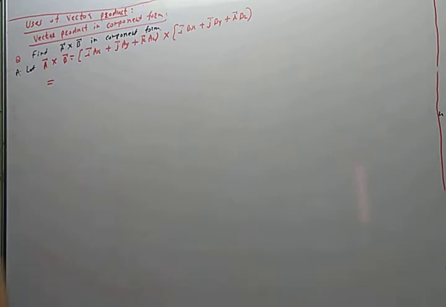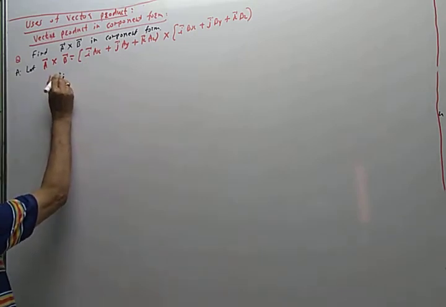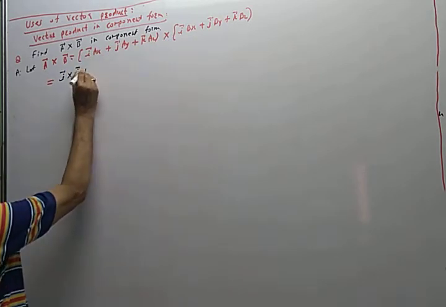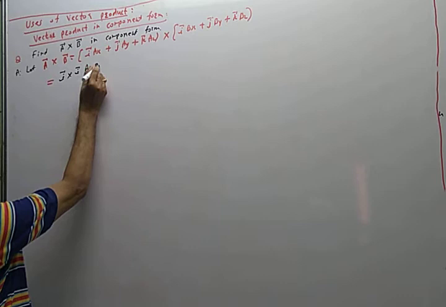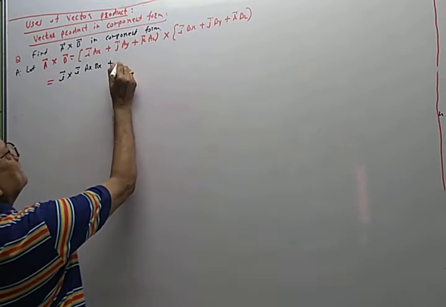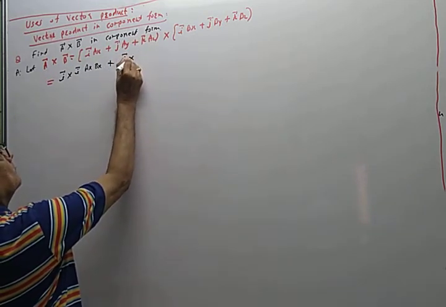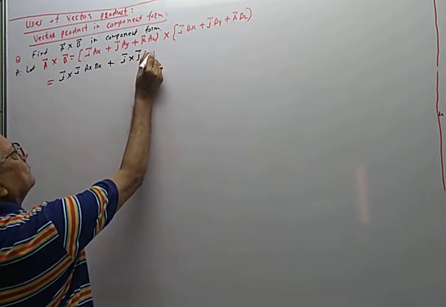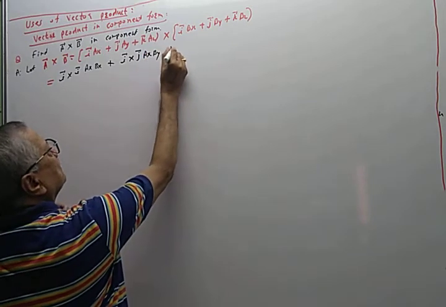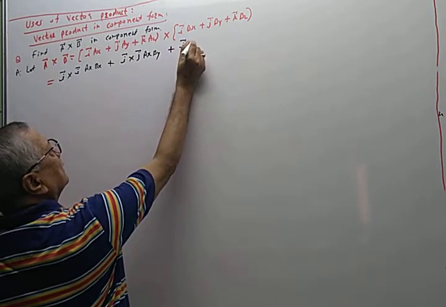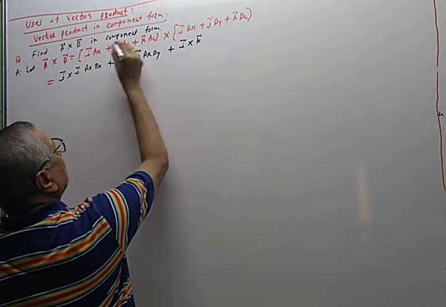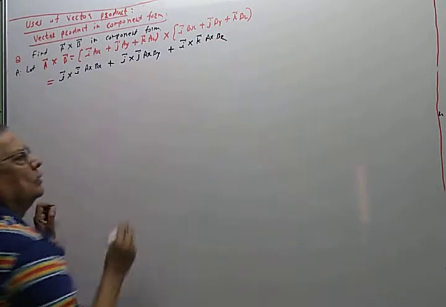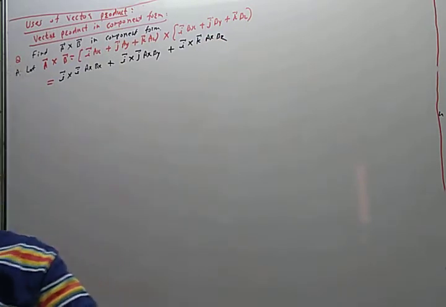So I will write down these 3 terms like this. i cross i into Ax Bx, plus i cross j into Ax By, plus i cross k into Ax Bz. These are the first 3 terms of i.